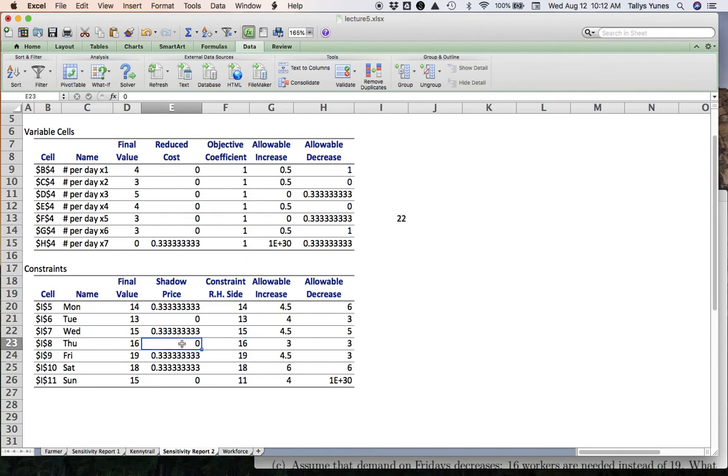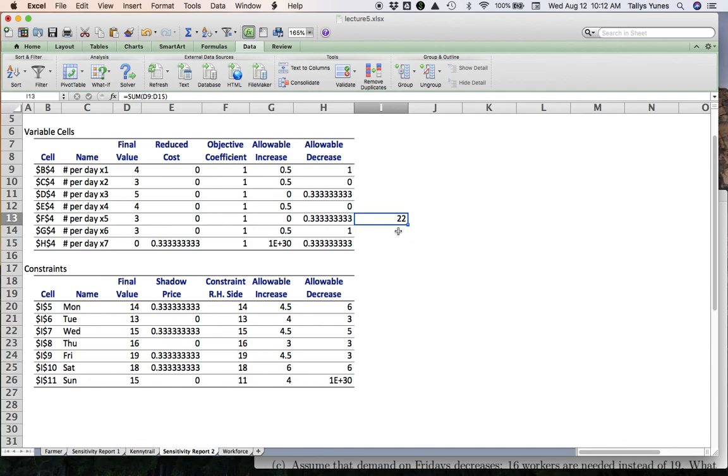Well, the shadow price is 0, which means the effect on the number 22 would be a plus 2, because it's the increase of 2, times 0, which is 0. That is, I would not change this number, meaning I would still only need 22 people to staff the restaurant.